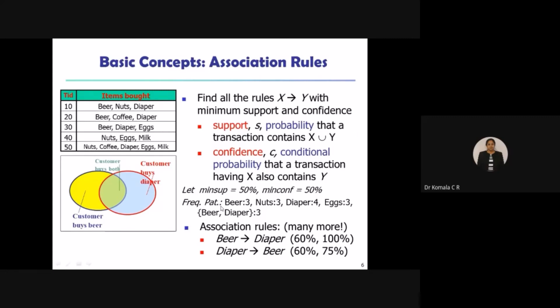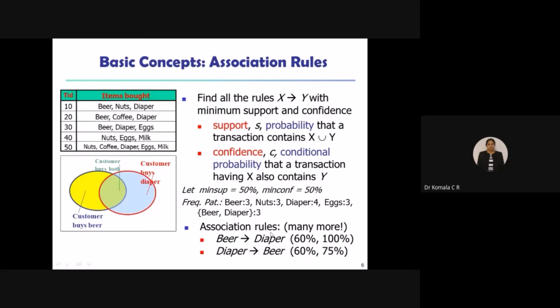So how many times is X also appearing with Y? See here, beer and diaper. Beer with diaper the 1st time, the 2nd time, the 3rd time. The next time there is no beer, but diaper appears one more time. So the combination X with Y appears only 3 times out of the 5 transactions.